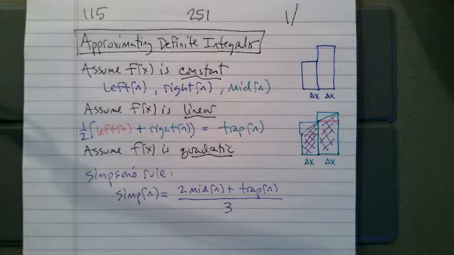All right. So, they all fit into nice little convenient boxes. We can assume that the function is constant. We can assume that the function is linear. We can assume that the function is quadratic.